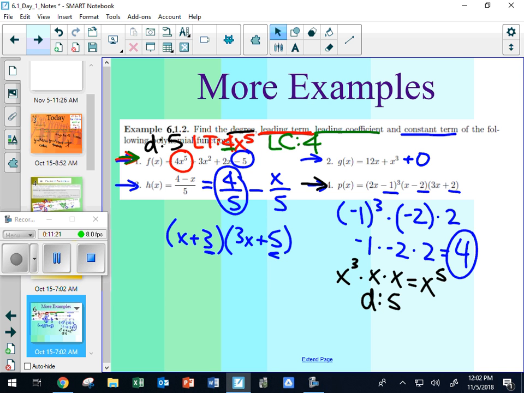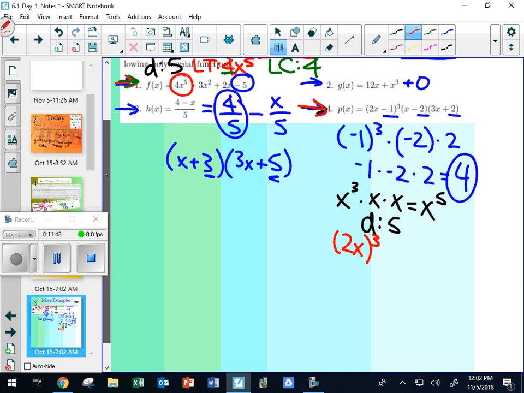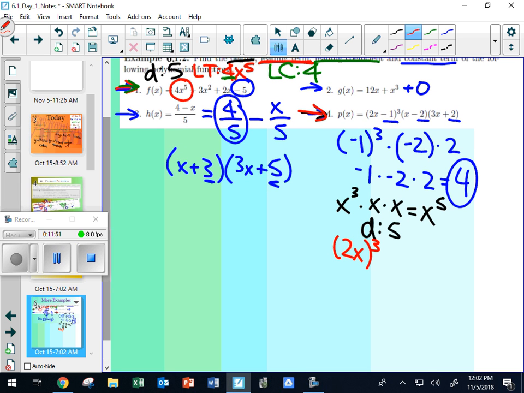If we are looking for the leading term in this fourth one here, we don't quite have the leading term yet, right? We need to be able to multiply out all the aspects of the leading term. So now, instead of just looking at the x's, we want to look at the coefficients with the x's on these components. Plus 2. So we have the quantity 2x cubed.